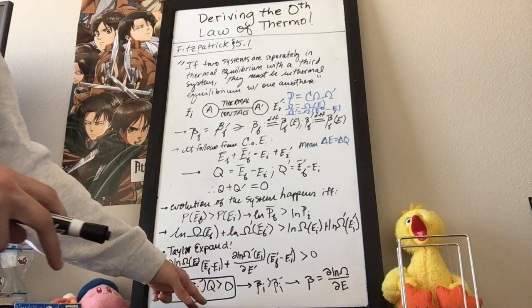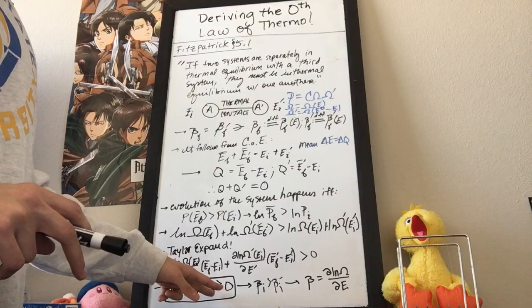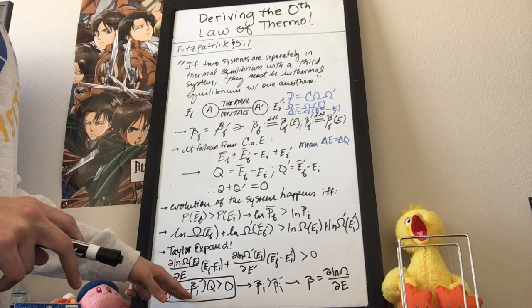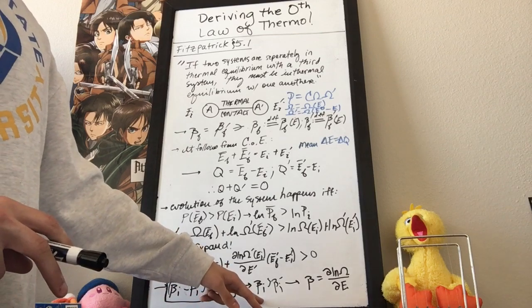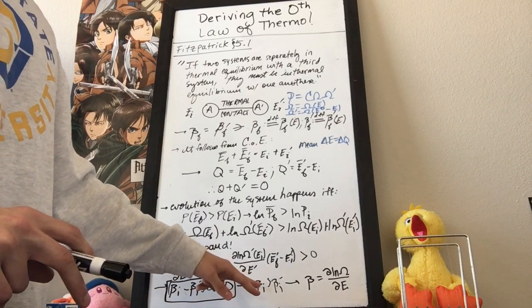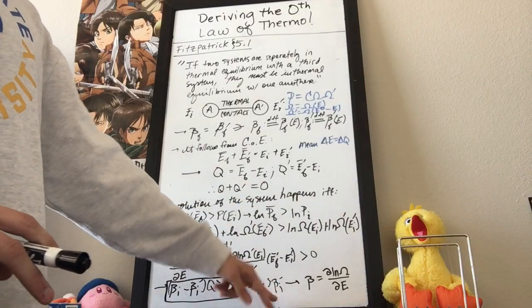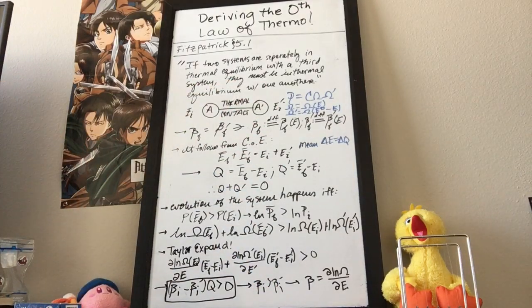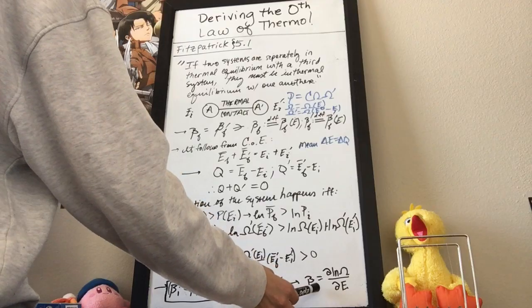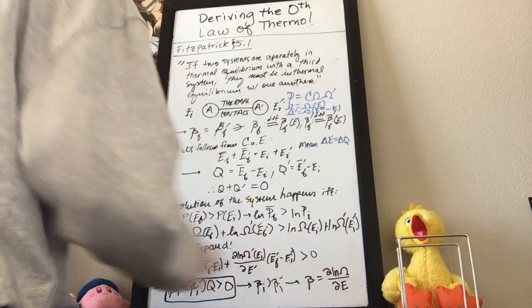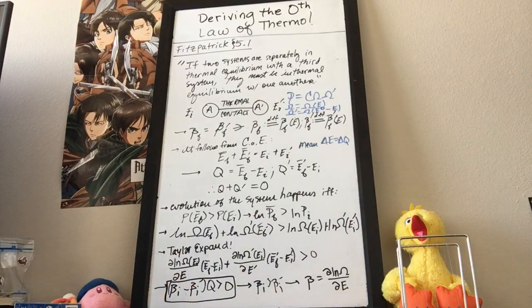And then that's equal to 0, or greater than 0, which means Q has to be 0, or this has to be 0. But because we don't really care about the heat, we're more focused on the temperature itself, we can write that the initial temperature of our system A is greater than the initial temperature of our system A prime. And this has to be true for the identity that beta is equal to the natural logarithm of our state omega with respect to energy. And that's the identity that we're using there.